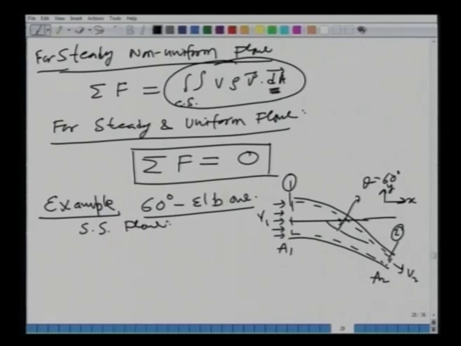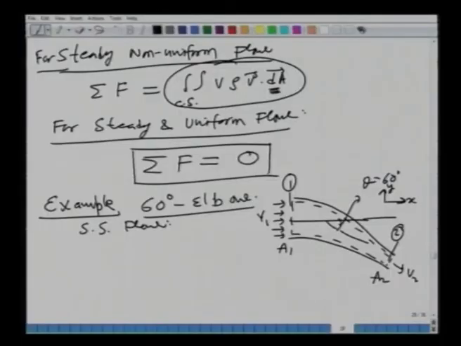So, you have a case in which water is flowing through this 60-degree elbow, a constant quantity Q flowing under steady state condition. So, things are not changing, or flow is not changing with respect to time. And the data that are given are Q is equal to 1 meter cube per second, which is steady state.